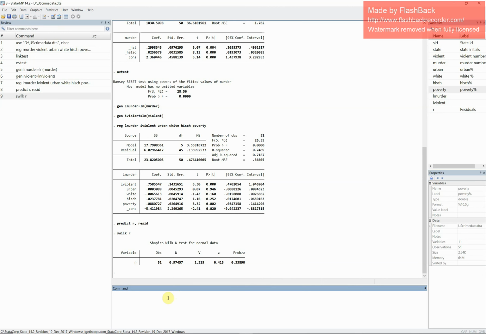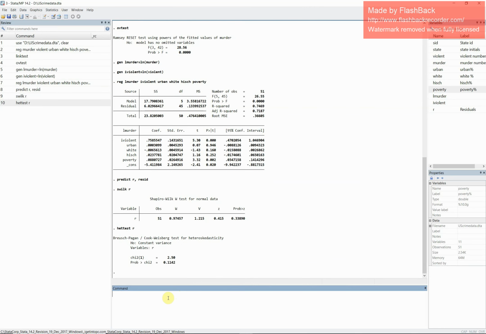For the heteroscedasticity test, we shall use the Breusch-Pagan test. Here also we find that our null hypothesis is accepted because the p-value is greater than 0.05. So by transforming these two variables, we have been able to correct for normality as well as heteroscedasticity.